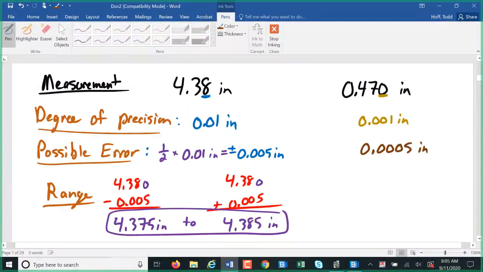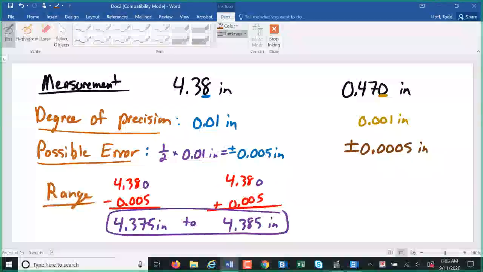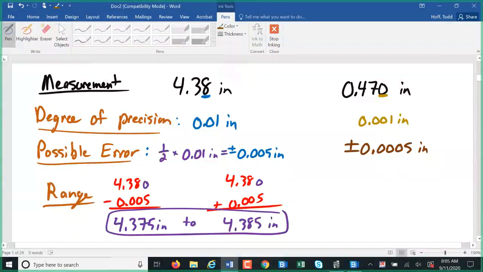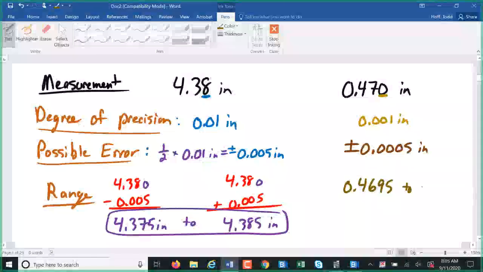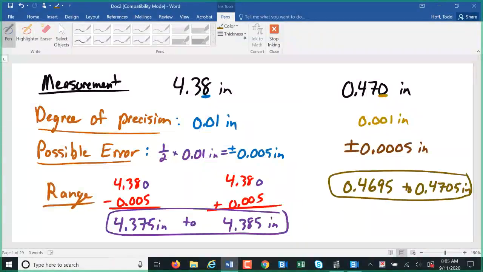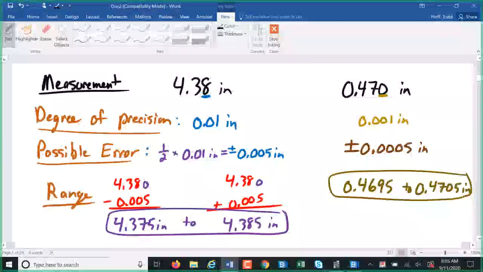So 1/2 or 0.5 times 0.001 is plus or minus 0.0005 inches, which gives me a range: 0.470 minus 0.0005 is 0.4695, to 0.470 plus the 0.0005 is 0.4705 inches. There's my implied range. Any questions?